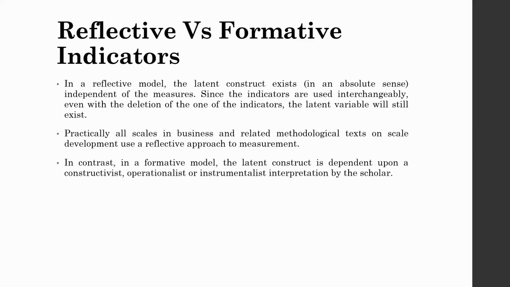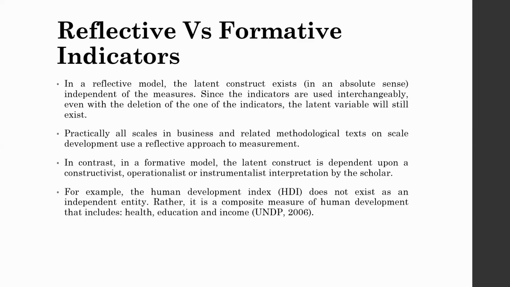For example, now again, a very clear example is the Human Development Index. Human Development Index does not exist as an independent entity. Rather, it is a composite measure of human development that includes health, education, and income. So if you have health, education, and income, they combine to form the Human Development Index.